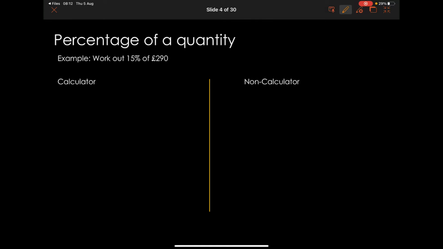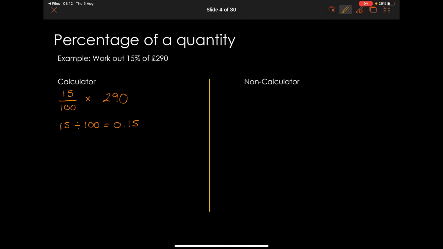Let's have a look at another one. Work out 15% of 290. Again, we could use a calculator for this, and we could say 15% means 15 divided by 100, and then we'd times it by 290. 15 divided by 100 equals 0.15.